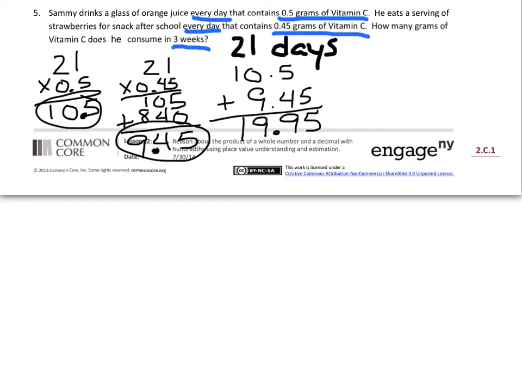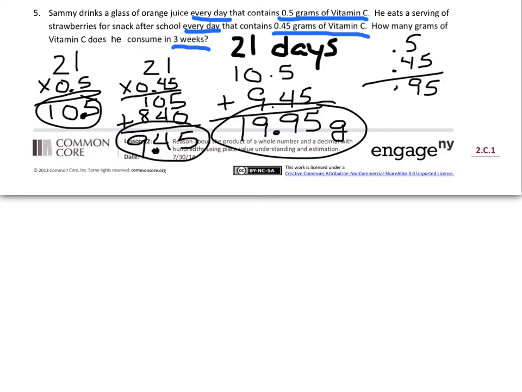So Sammy takes in 19 and 95 hundredths grams of vitamin C over 3 weeks. Now I'm going to show you the alternate method, where you add the 5/10 and the 45 hundredths together, and you would have ended up with 95 hundredths. And then you could have multiplied 95 hundredths by 21.